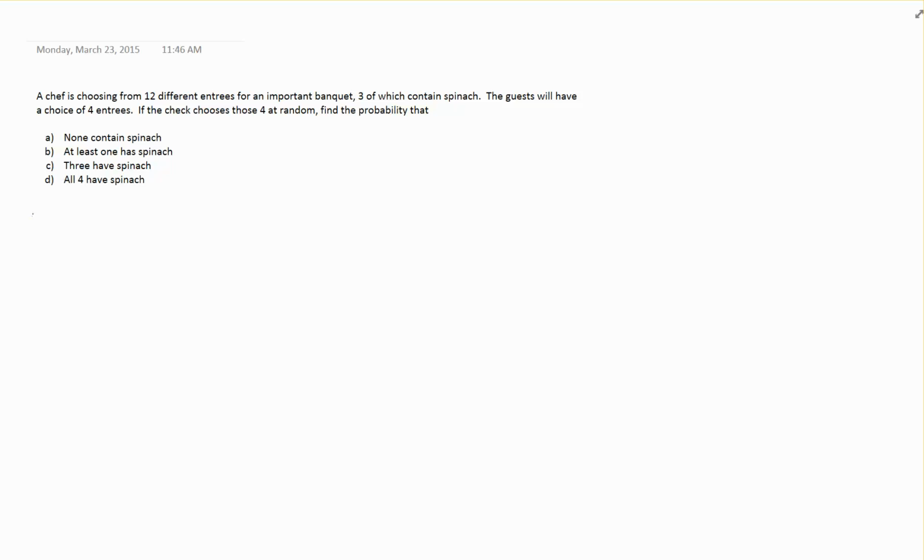So let's look at the first situation. None have spinach. If we have 12 entrees and 3 have spinach, then 9 have no spinach. We're choosing only 4. So the way that we want to set up the events for picking no spinach is we're going to set up a combination for the number of ways to pick spinach and the number of ways to pick no spinach.